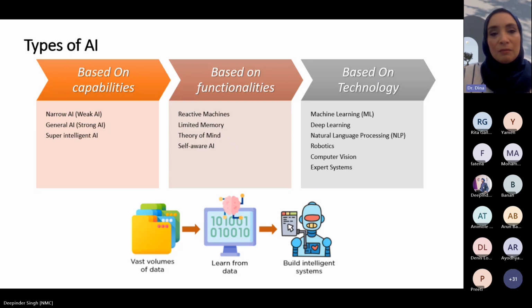Then we have super intelligence. To be honest, super intelligence is still hypothetical, something that we want to reach, but it's not yet 100% developed. It's mainly about mimicking human intelligence across all fields: creativity, general wisdom, problem solving.